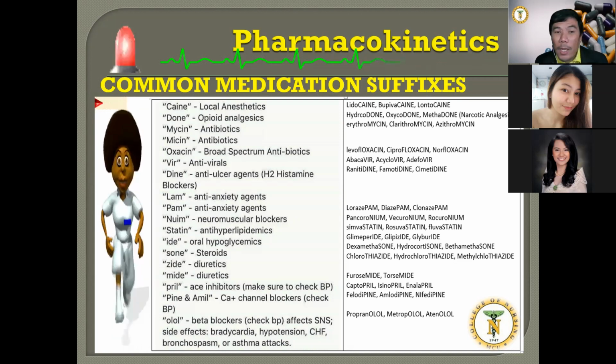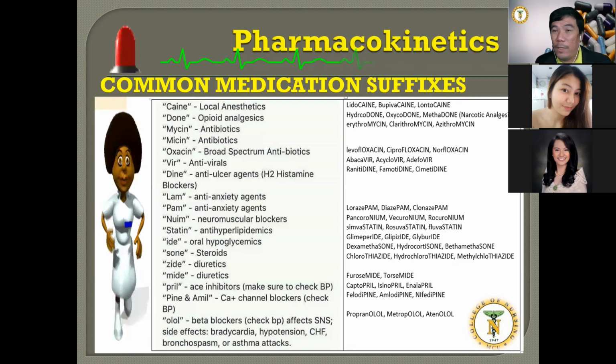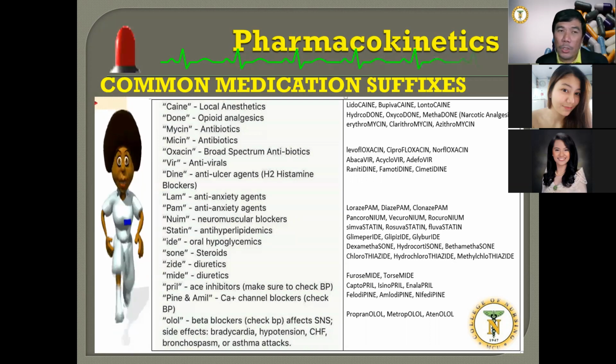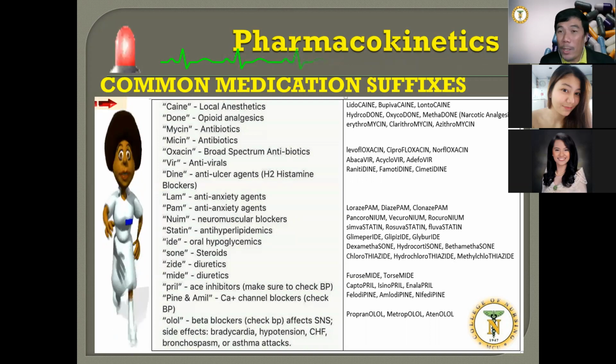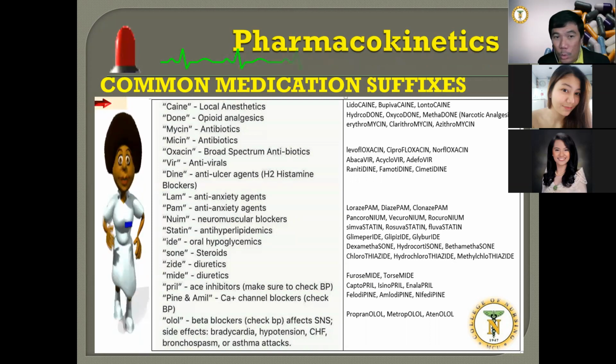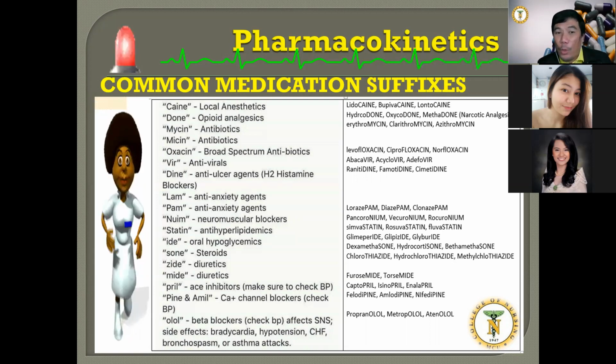So the purpose of diuretics is to remove excess fluid of the body. We all know that fluid balance is regulated by the kidney. If the kidney cannot remove excess fluid of the body, then let's have a drug that will induce diuresis. Diuresis, from the term itself, is a medical term for inducing urination or removal of excess fluids.